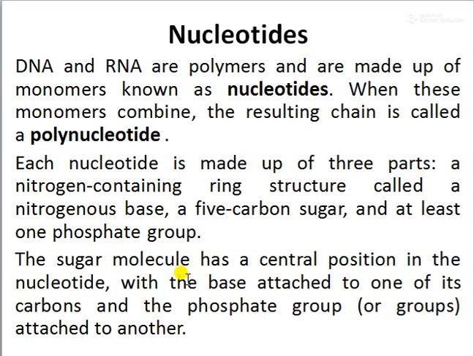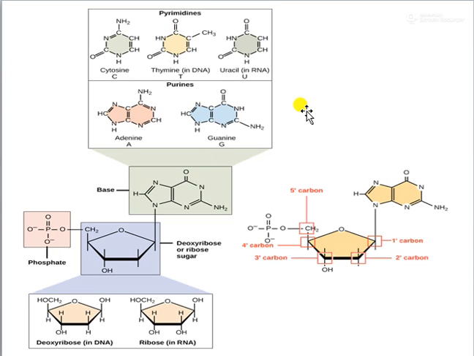The sugar molecule has a central position in the nucleotide structure, as I will show you in the coming slides, with the base attached to one of its carbons, and the phosphate group attached to another. These are the structures.